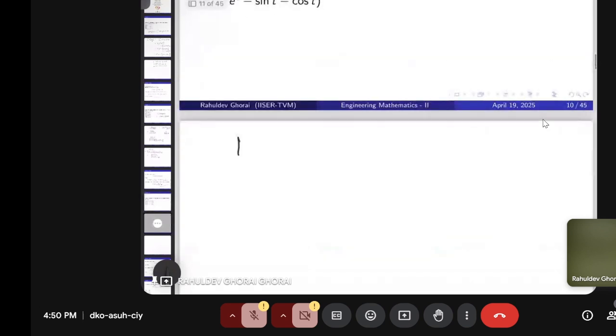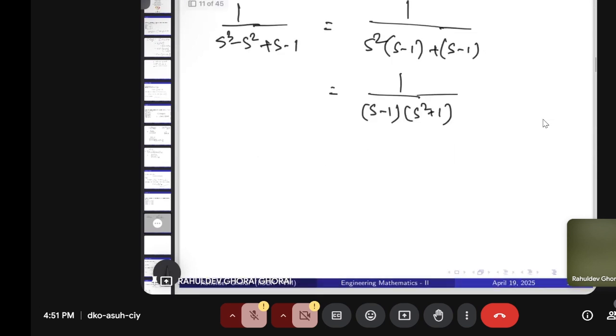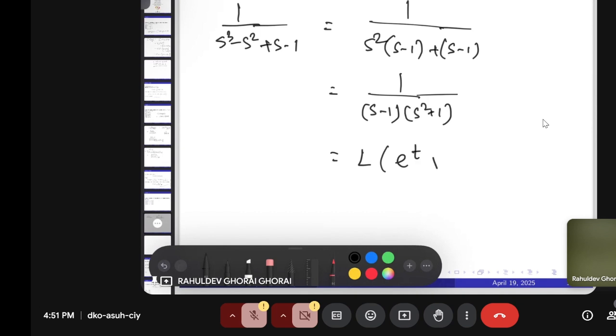See, the thing given to you is s cube minus s square plus s minus 1, that you can write as s square times s minus 1 plus s minus 1, right? That is equal to 1 over s minus 1 times s square plus 1, and you know this will be equal to the Laplace of what is s minus 1 thing, that is, sorry, not 2t, t, convolved with s square plus 1.